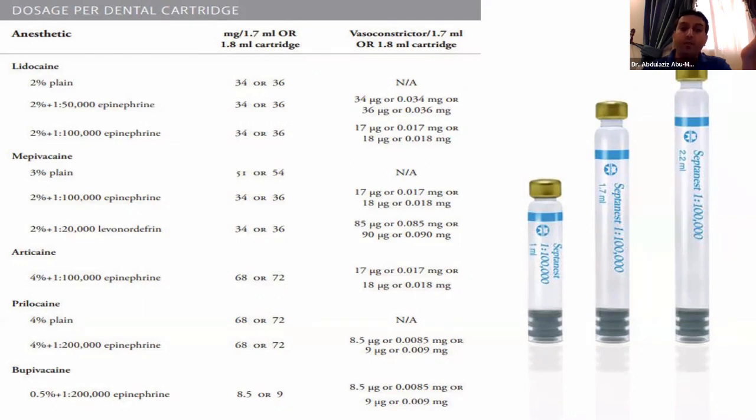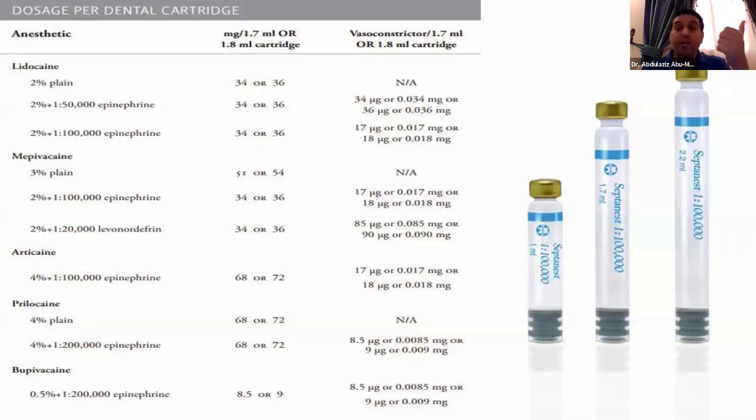If the normal carpule is 1.8, it equals 36 milligram. The 1 to 1,000 epinephrine equals 0.0118 milligram. So how many can I use to reach the number I want, 0.04? It's 2 carpules, which will equal 0.036. That's the maximum, so you can use 2 carpules.